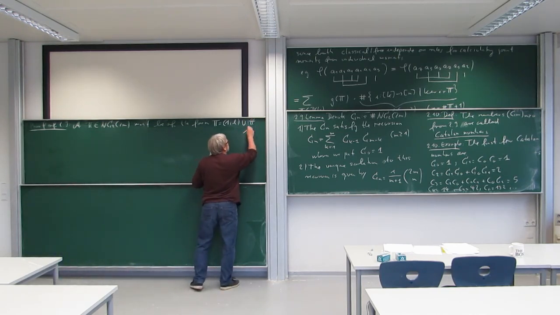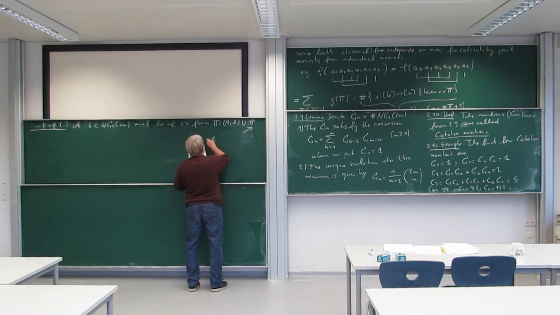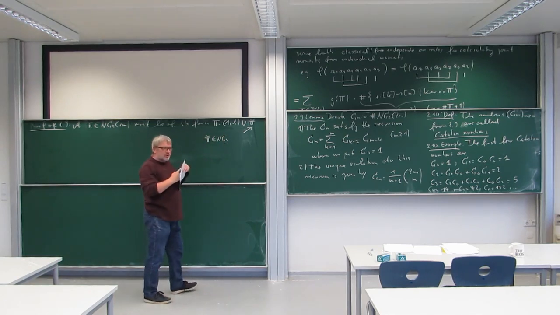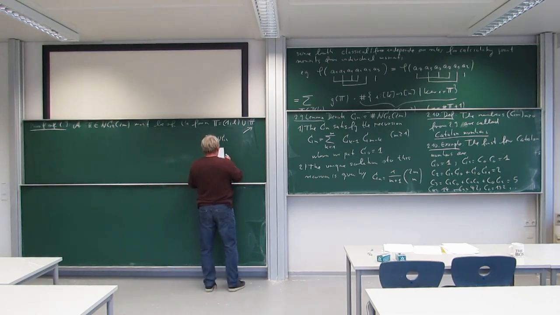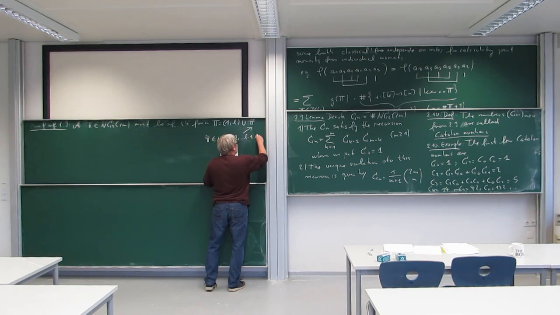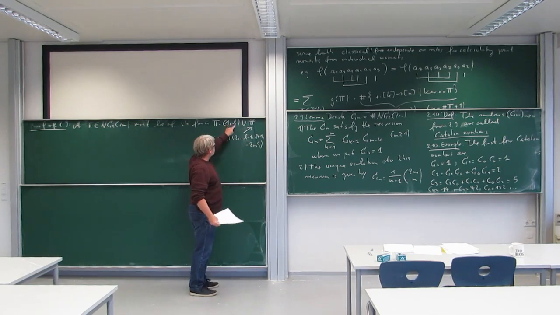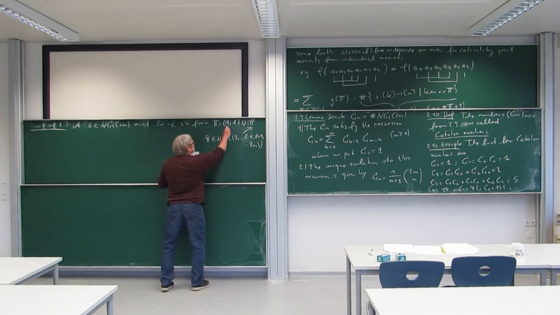Where pi twiddle is a non-crossing pairing consisting of the other blocks of pi. So this is a non-crossing pairing of the remaining points, 2 up to l minus 1 and l plus 1 up to 2m. I just have removed the points 1 and l. And this here is of course just the block containing 1.